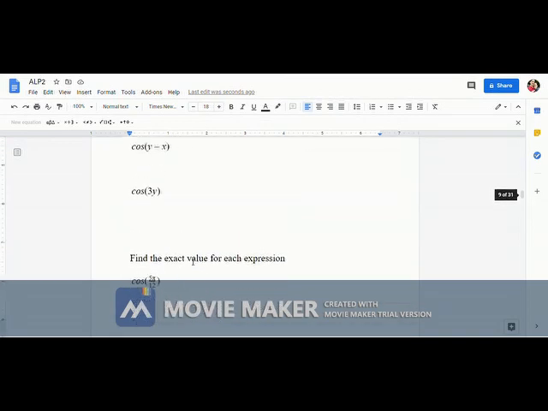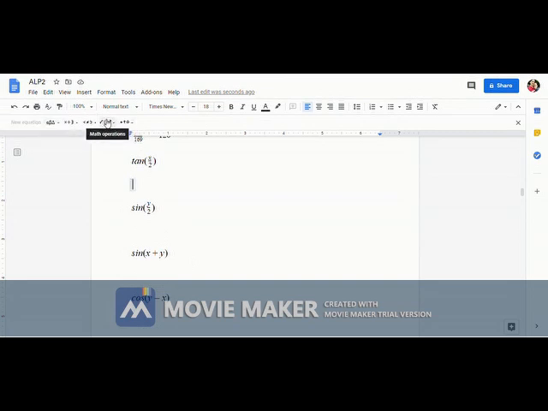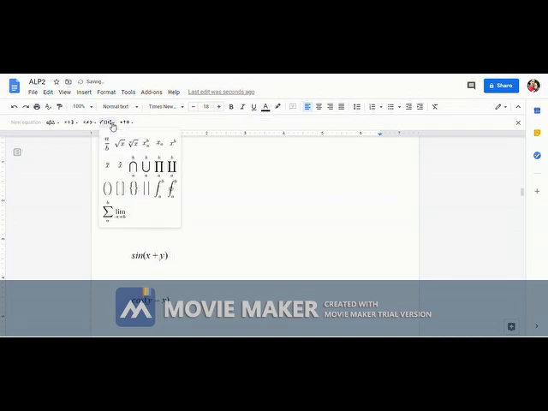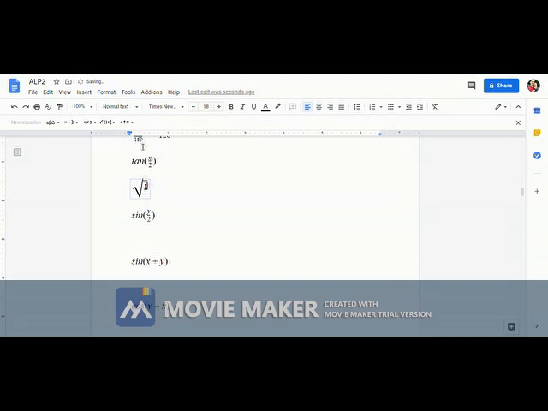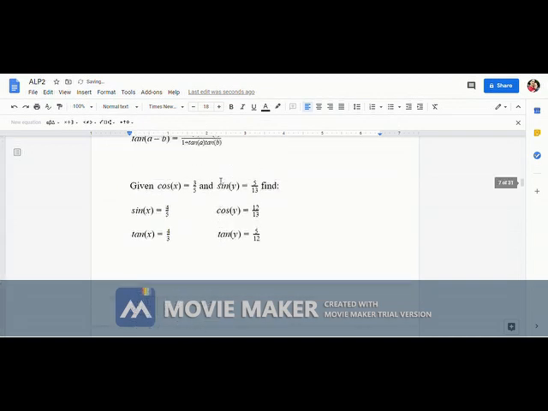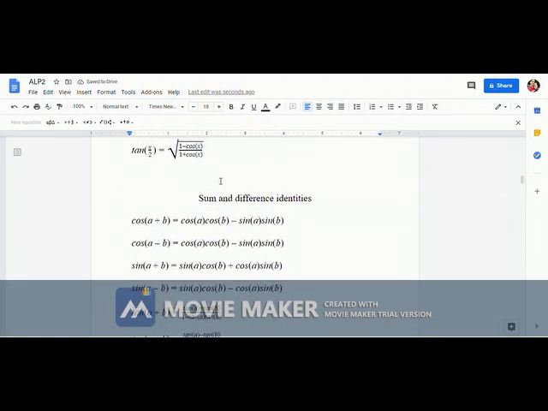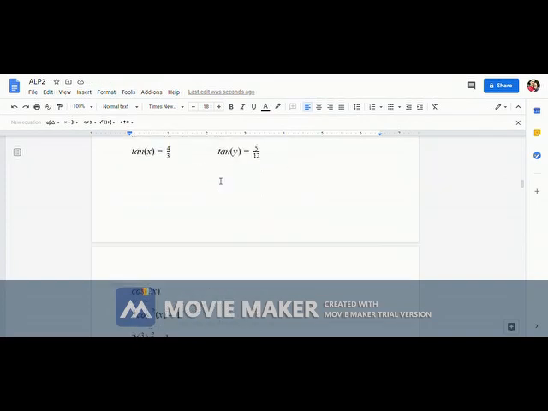So we'll write that down here and then we'll insert the correct values for cosine x. So actually we need a square root first. Square root of 1, just double checking to make sure it's 1 plus cosine x. Nope, it's 1 minus cosine x.